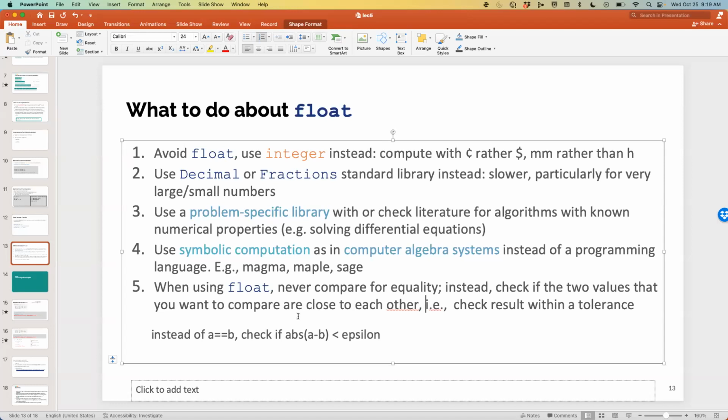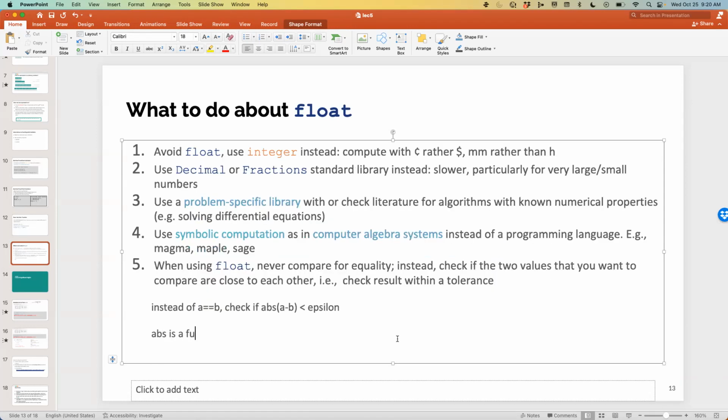So how do we do that? Instead of checking A is equal to B, which means checking equality where A and B are float numbers, you check whether they are close to each other by checking the difference between them. And it's not just the difference, but the absolute difference. So let's talk about absolute here. Absolute is a function that takes a number and returns the absolute value of the number.